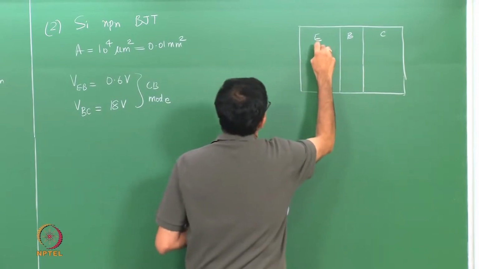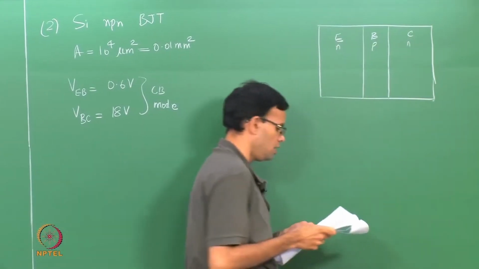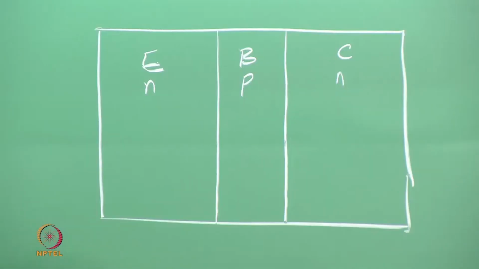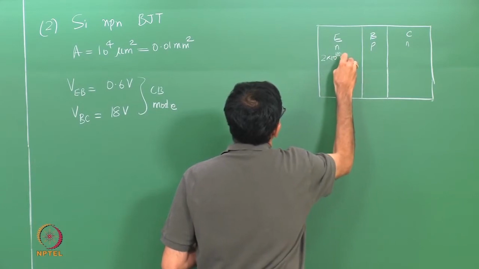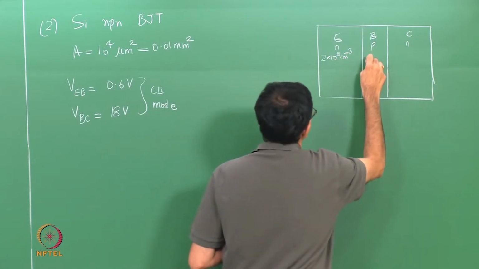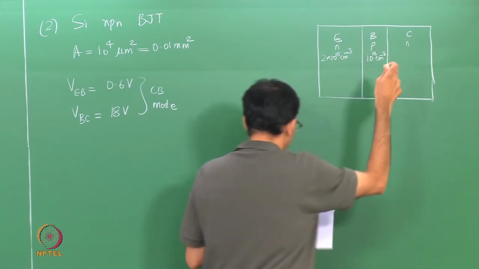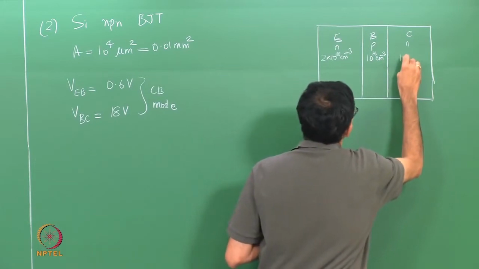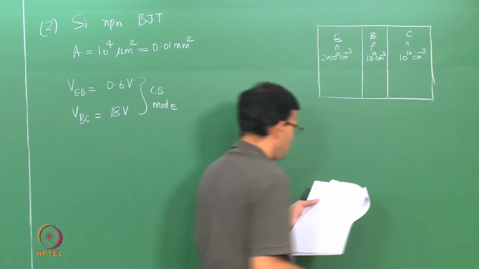This is an NPN, so we have N, P and N. The concentrations are also given. 2 times 10 to the 18 per centimeter cube, this is your majority carrier concentration. Then you have 10 to the 16 per centimeter cube, and this is also 10 to the 16 per centimeter cube.